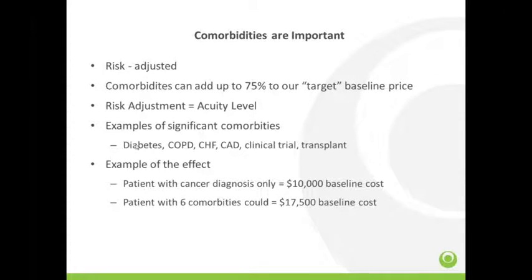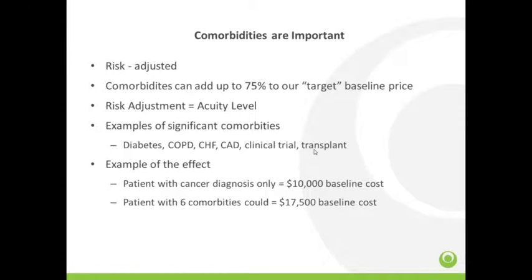Examples of significant comorbidities include diabetes, COPD, congestive heart failure, coronary artery disease, if the patient is enrolled in the clinical trial, if the patient has had a transplant. An example of how this works: if a patient comes in with only the cancer diagnosis, let's say their baseline target price is $10,000.